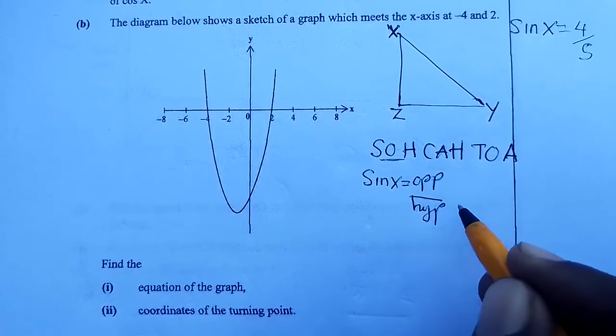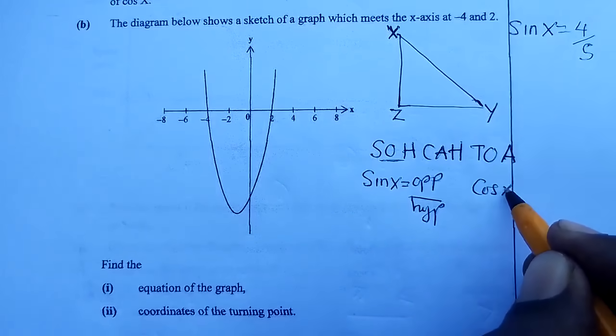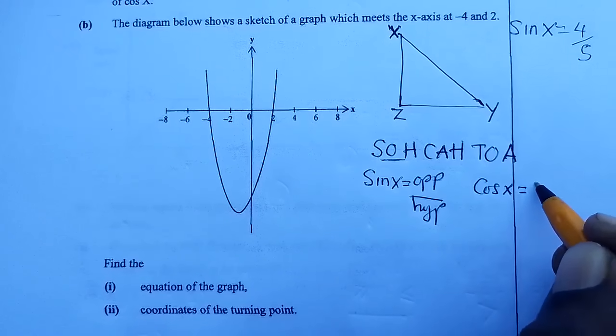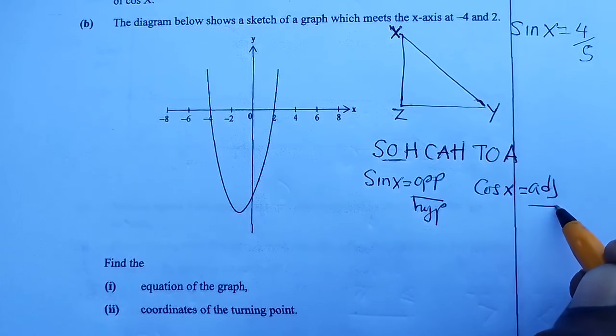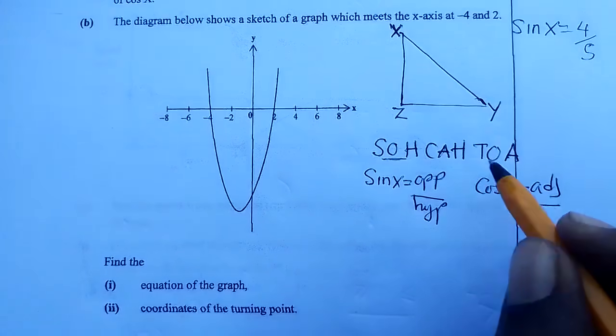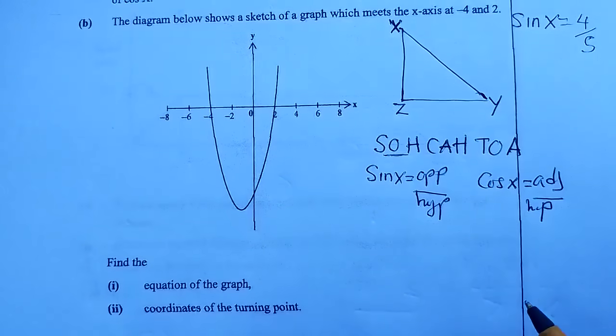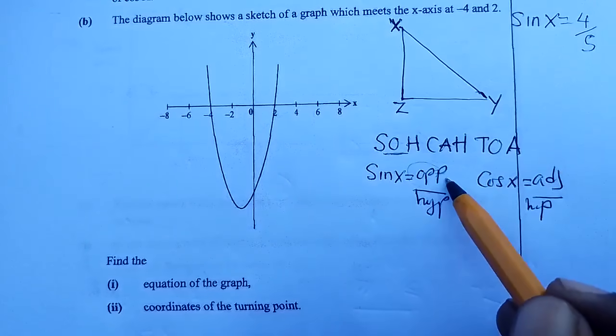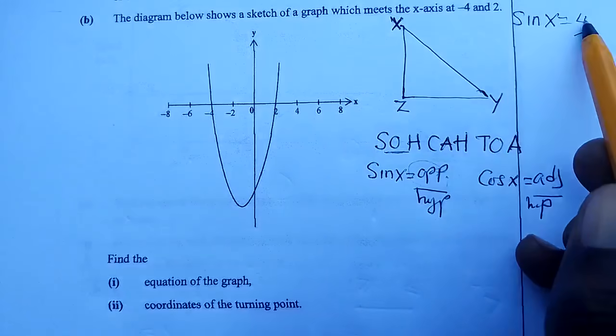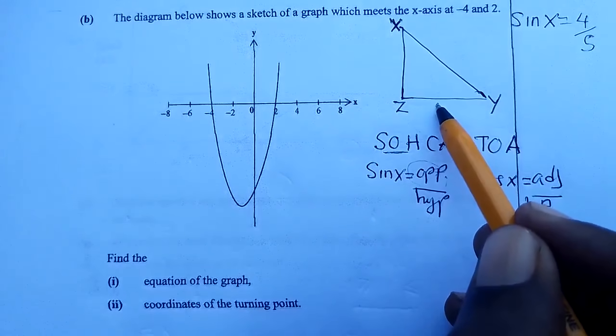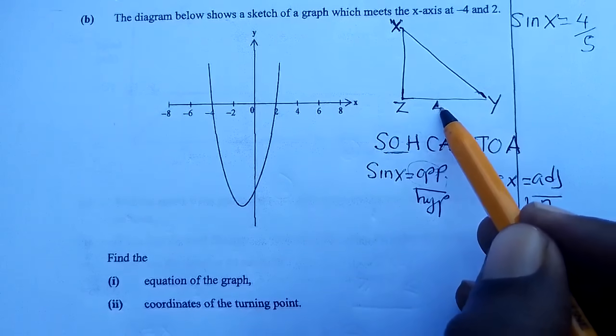When I say cos X, I'm talking about adjacent over hypotenuse. So here sine X is this one, so the opposite is 4.